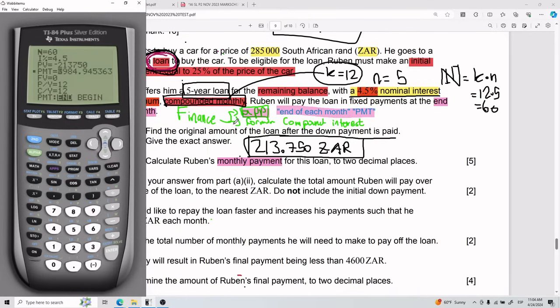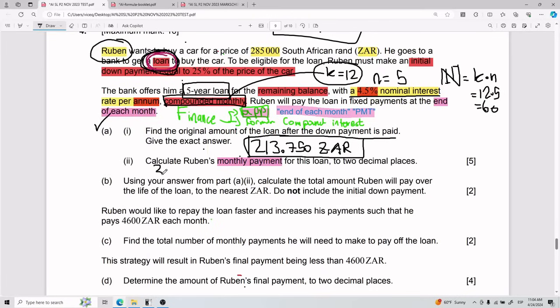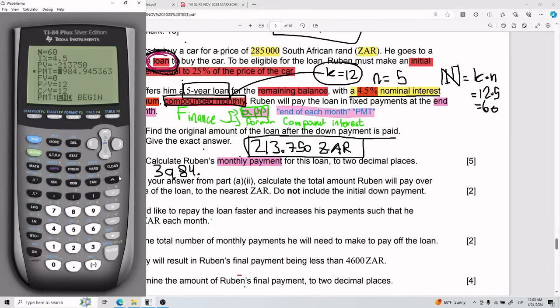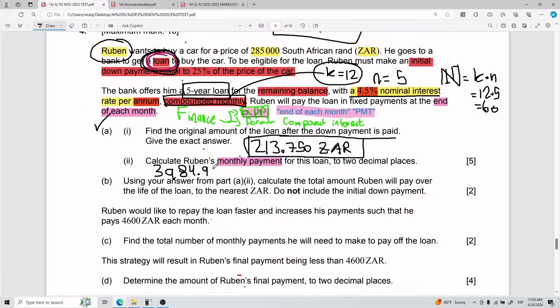And so part A, part double I is going to be 3,984. We can round it a little bit, of course, to 95. Don't forget your units, ZAR. So that is what just happened.